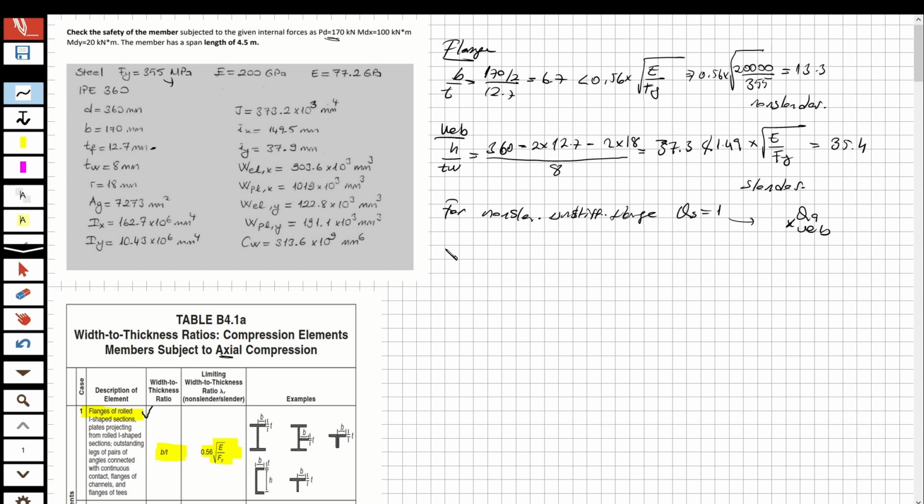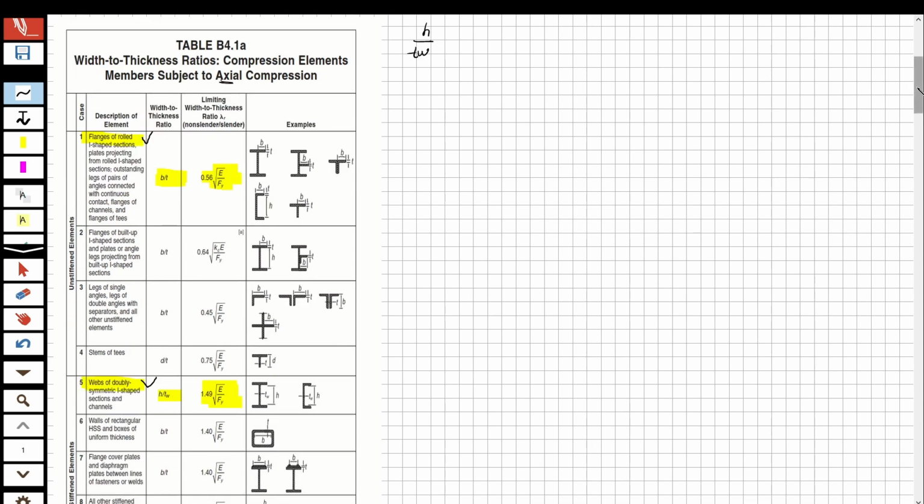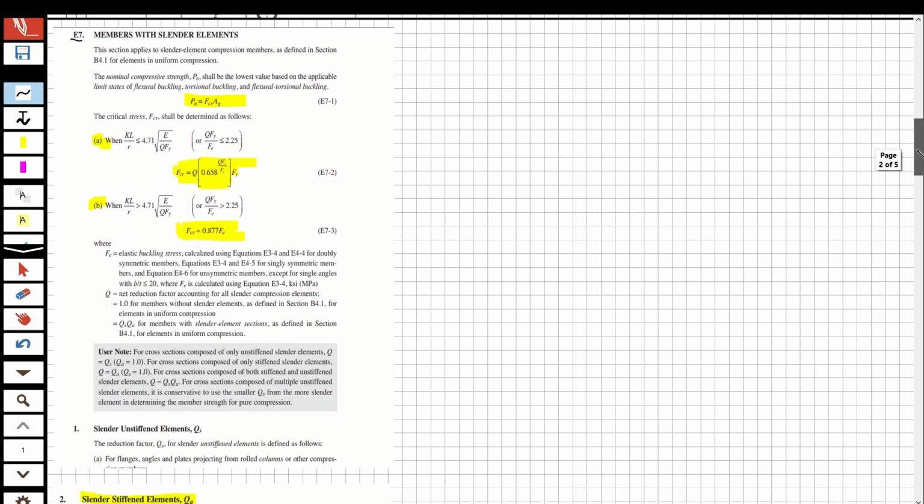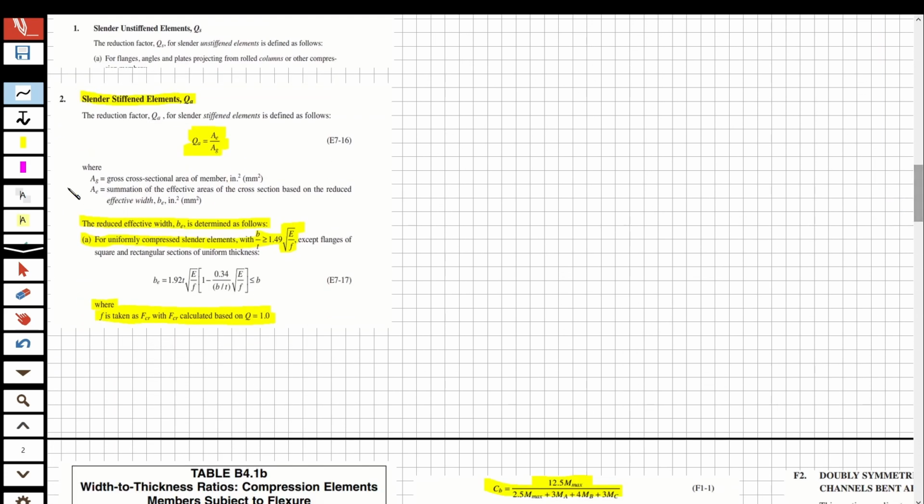For the web, if you remember, it is a slender stiffened element, so it's going to be h over tw. The formulation is going to be used from here. Look at this one, slender stiffened elements QA.